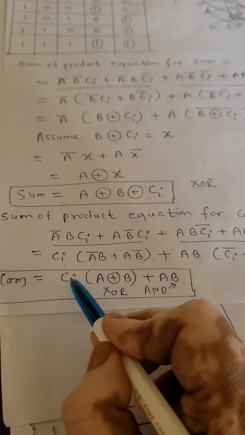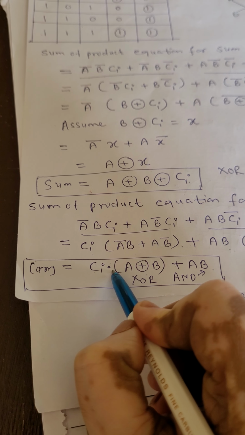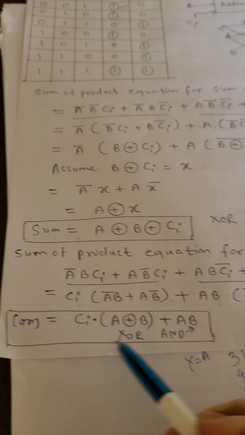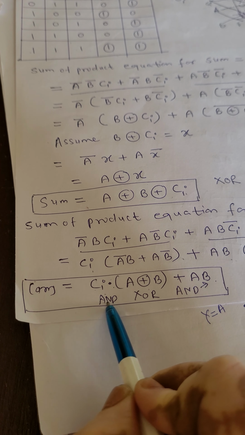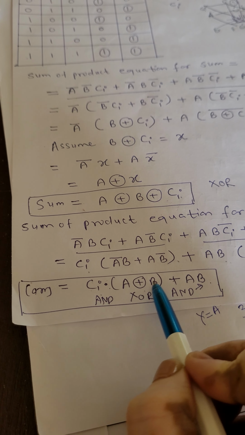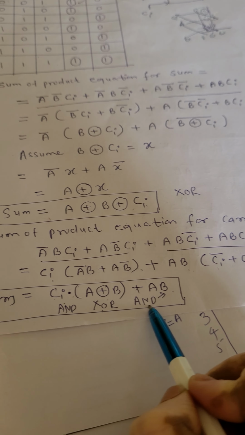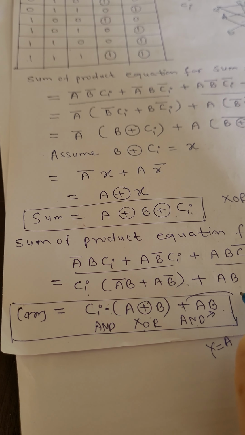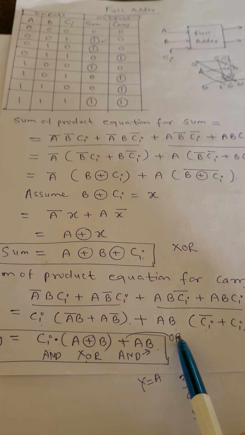And here also, as it is Ci dot A dot B, I have to use one AND gate. That means I need to use one AND gate for this combination, one XOR for this combination, and one OR gate for the plus. That means these many gates I need to use.